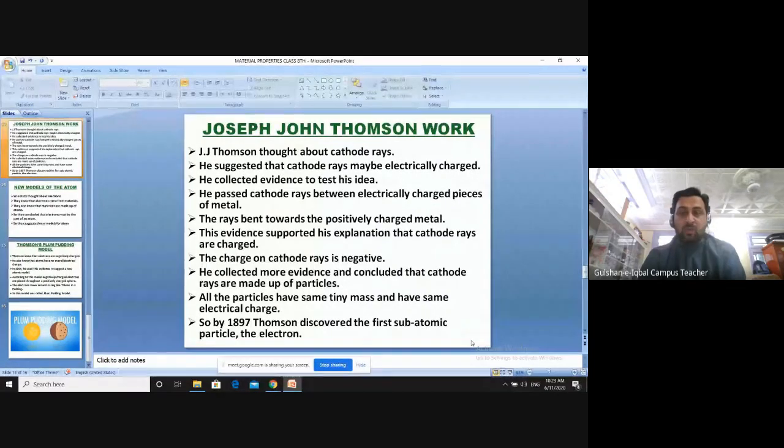So it was a huge investigation to reach a conclusion on how the electrons were discovered. The electrons were discovered by Joseph John Thomson, or in short we call him J.J. Thomson. He is the discoverer of the electrons.